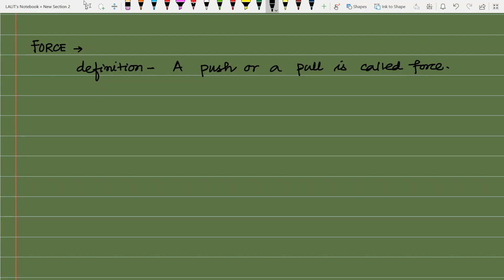So if you are applying a force on a body, what can be the various changes that a force can create? Number one, a force can change the speed of the body.